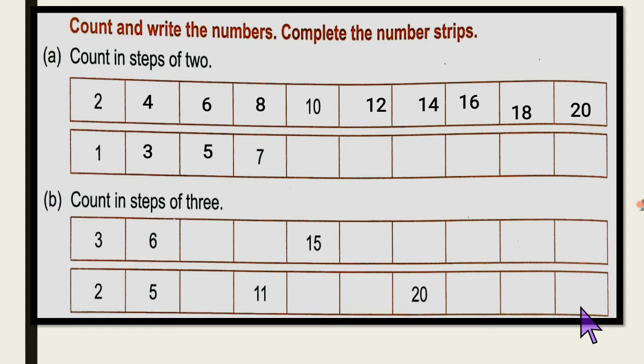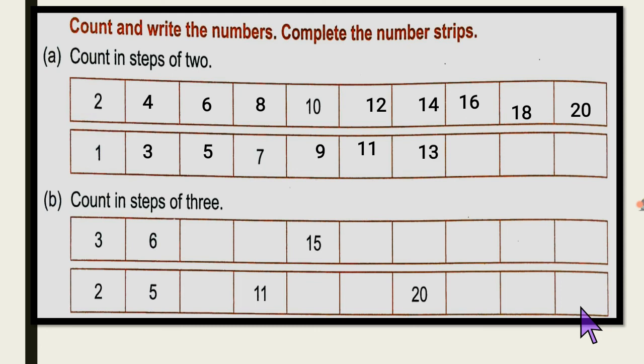5. Yes. When we count 2 steps after 5, we get the number 7 here. Then after 7, we count the 2 steps, we get the number 9. Then after 9, when we count the 2 step, we get the number 11. Then after 11, we count the 2 step, we get the number 13.